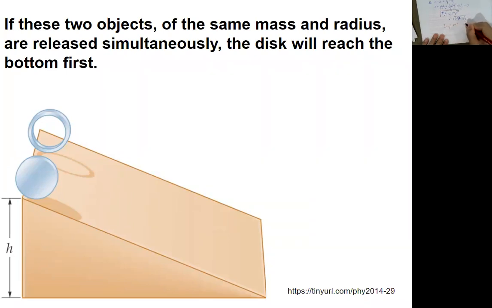For a disk, I is equal to 1/2 mr squared. Again, you can look up these two moments of inertia in the table earlier in the slides. So the disk has the smaller moment of inertia, which means its velocity will be larger. So the disk will reach the bottom first.